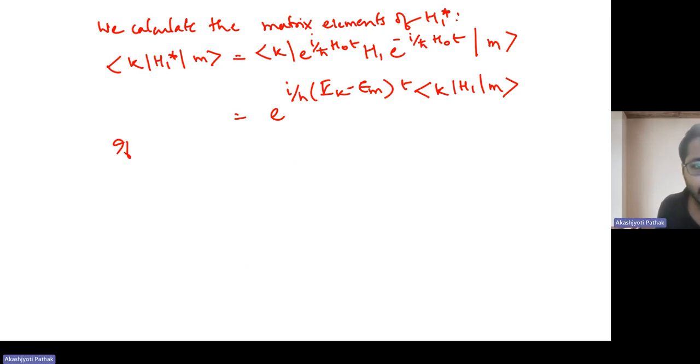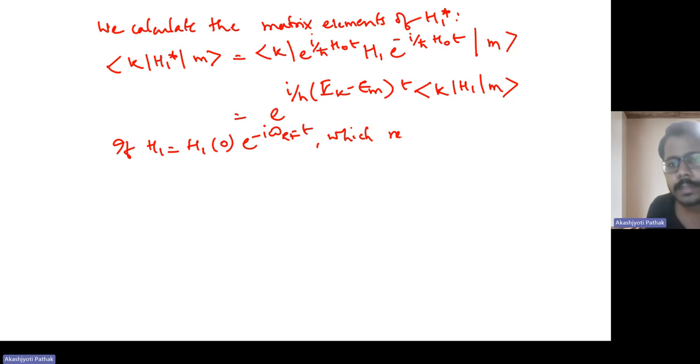So if h1 is equal to h1 at 0 e to the power minus i omega rf t, which represents the RF pulse, then what will I get?